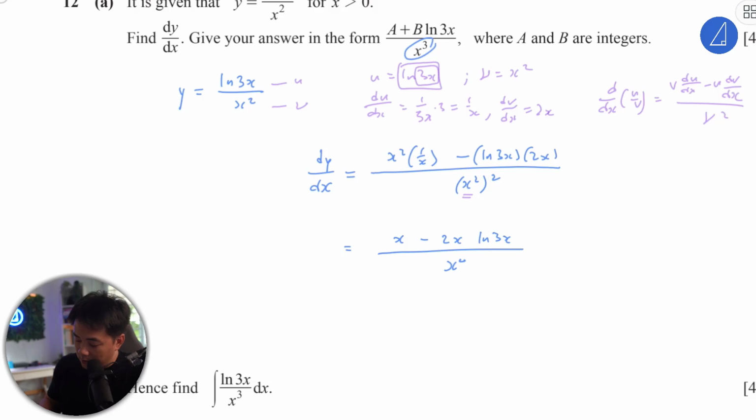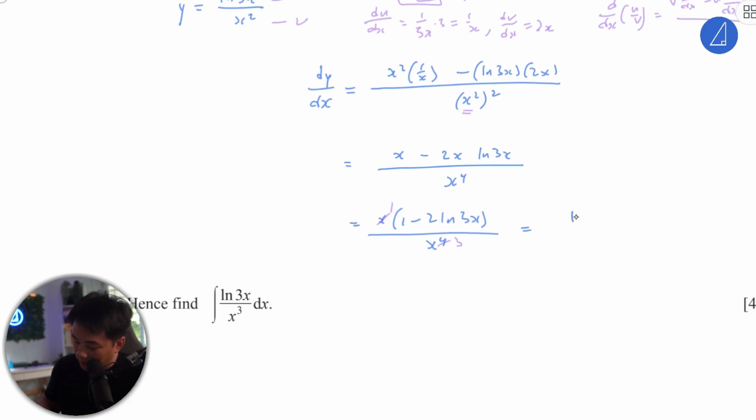We need this to be x cubed, so what we need to do is factorize the x out: 1 minus 2 ln 3x over x to the power 4. Cancel this one, and this will be 3. So dy/dx will just be 1 minus 2 ln 3x over x cubed.